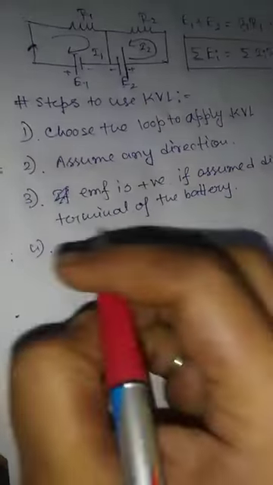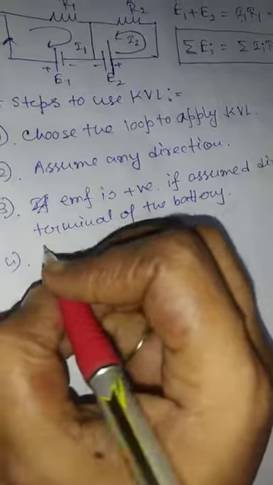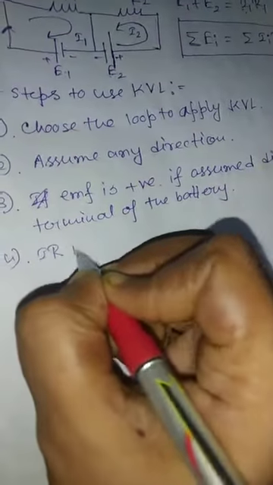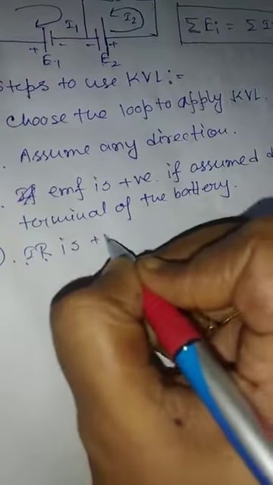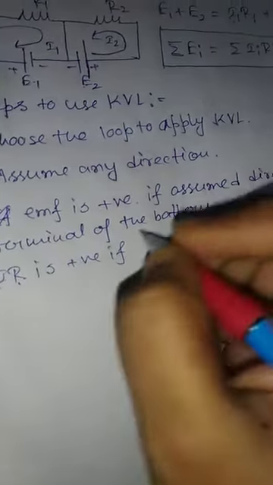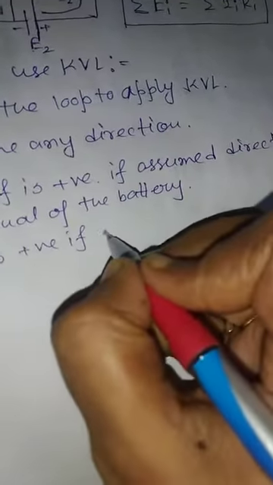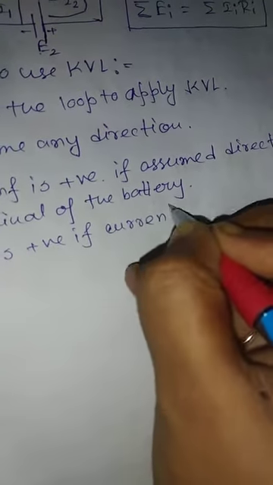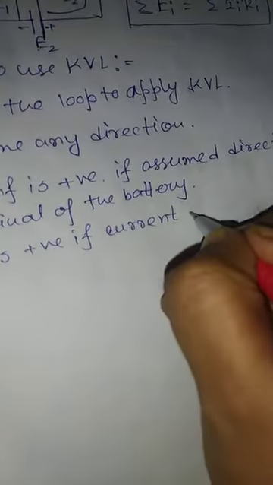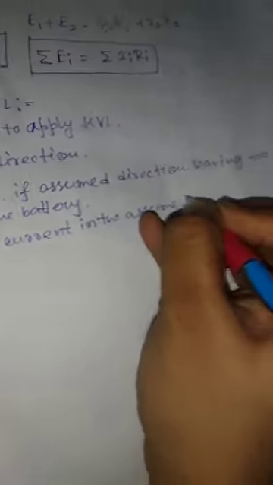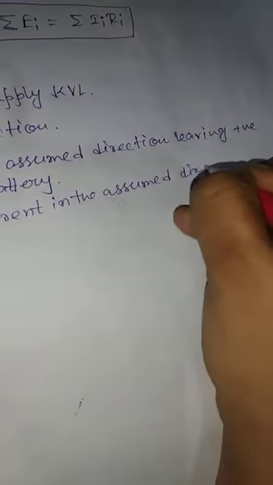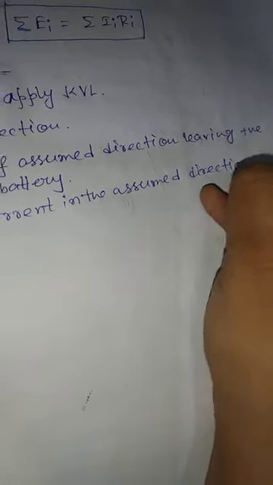Fourth point: IR, that is the product of current and resistance, is positive if the current is in the assumed direction. Okay.